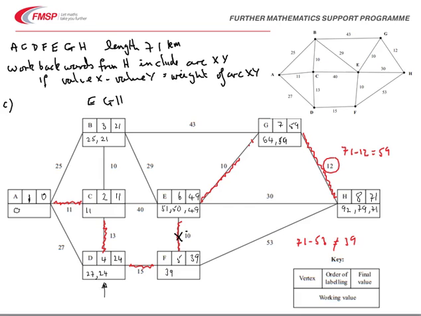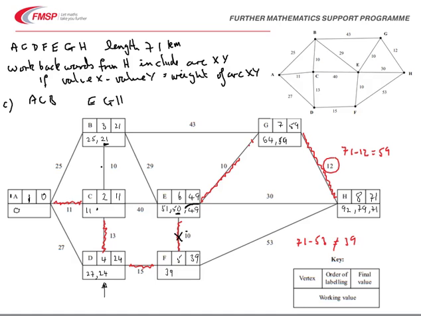So we've got to work out what's the shortest path to get us from A to E without using F to G. So obviously we can't come the route that we've got there, and we'll see quite easily then that the route is from A to C to B. So that's going from A to C, giving us 11. 11 plus 10 is 21, and then 21 plus 29 is 50.